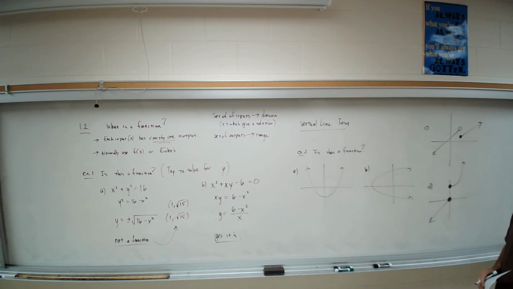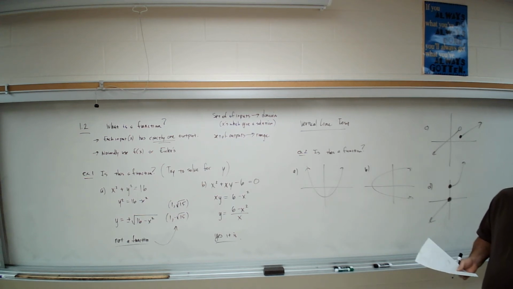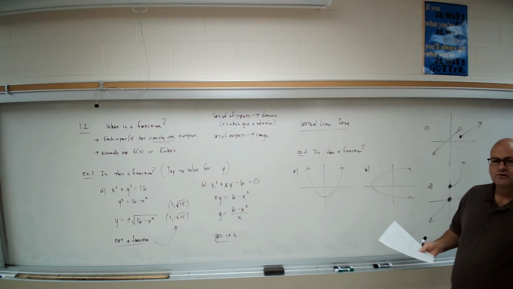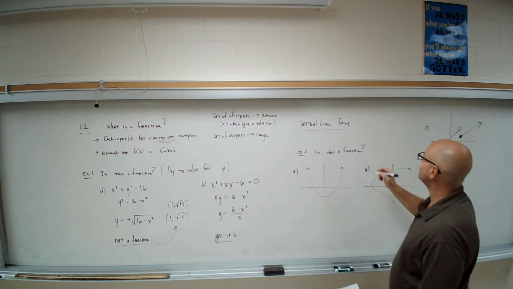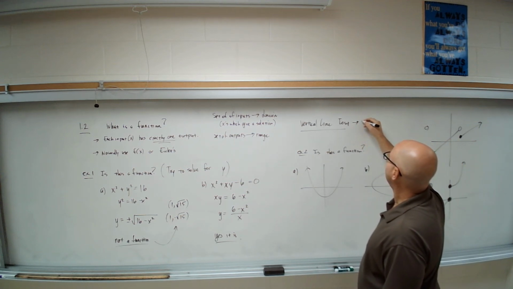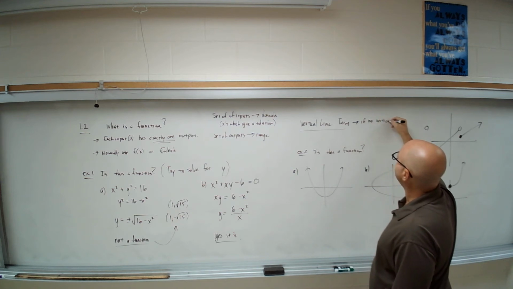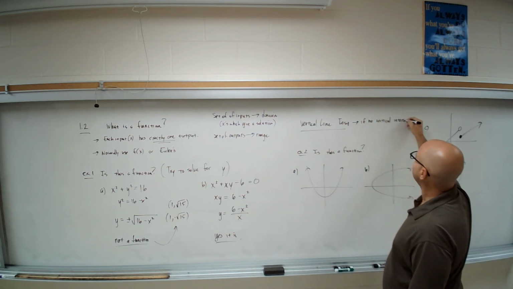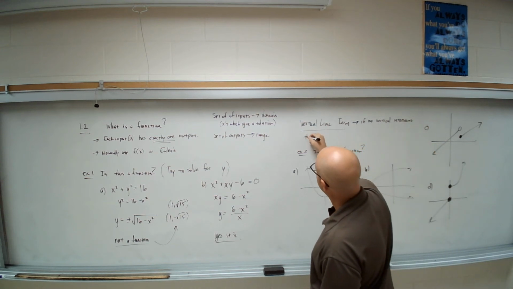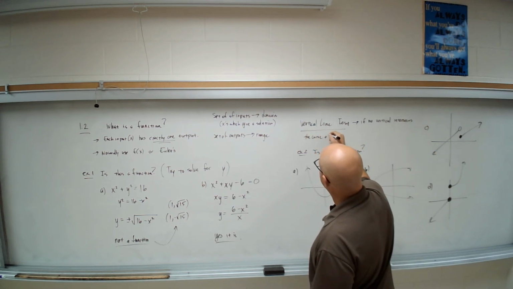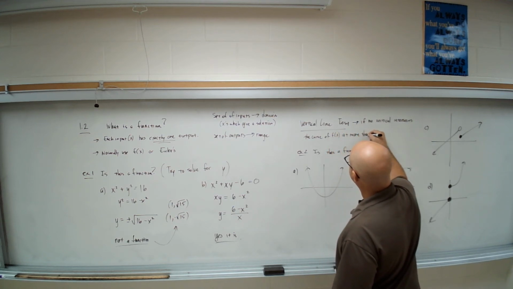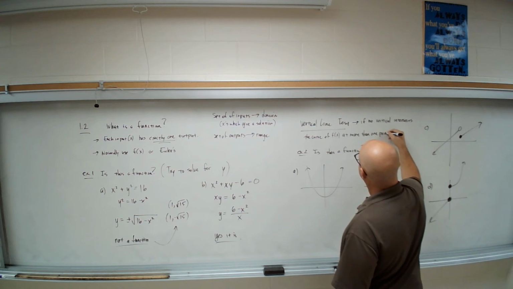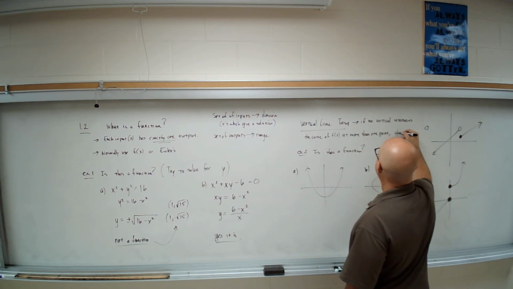And then, let's see. The easiest way to tell something's a function, and you should have heard of this before, is called the vertical line test. Okay, and a couple ways it can be written, but if no vertical line intersects the curve of f of x at more than one point, then f of x is a function.